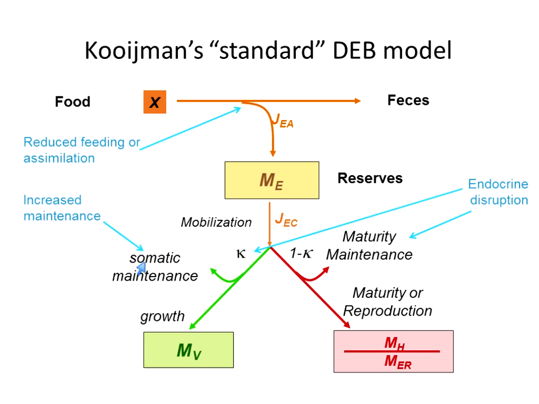It could lead to an increase in somatic maintenance. An endocrine disruptor might well impact the parameter kappa that represents partitioning between growth and reproduction, or it might impact development and hence have an effect on maturity maintenance, and so on. You can envision a load of different ways in which the flows in this model could be impacted by contaminants.